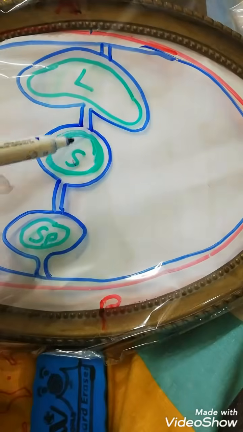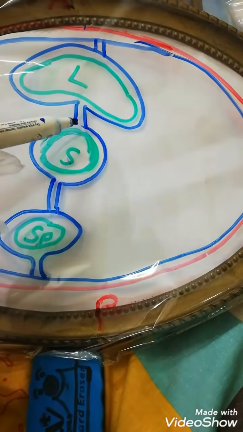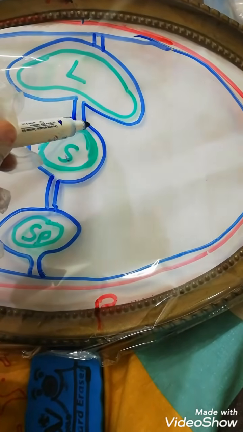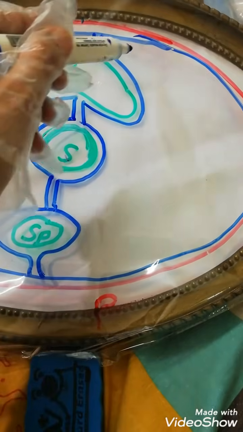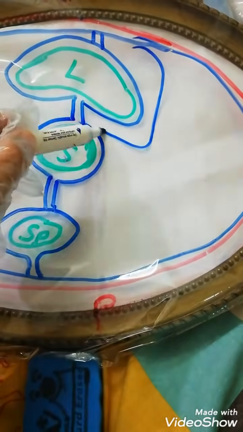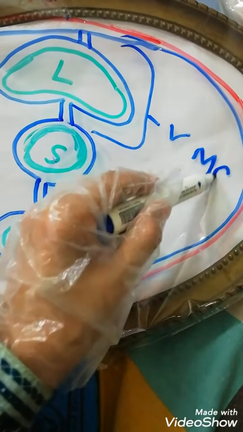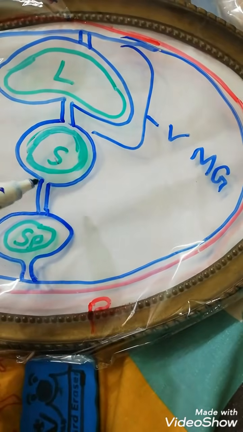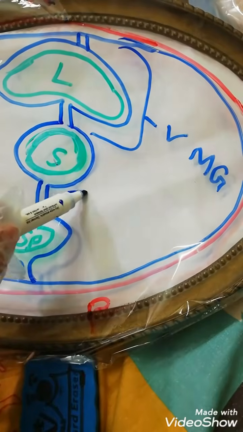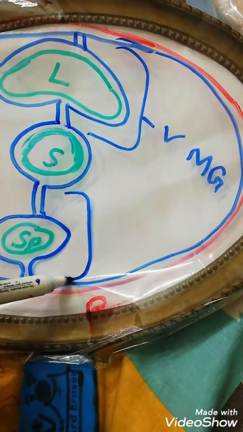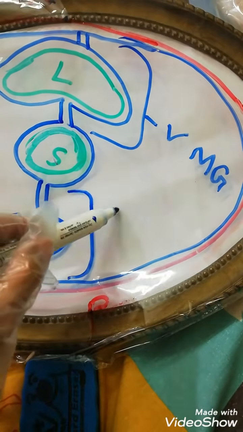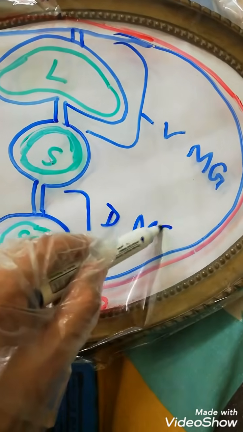Now concentrate on the stomach. The peritoneum present anterior to the stomach is called the ventral mesogastrium, right? And the peritoneum posterior to the stomach is called the dorsal mesogastrium, right?